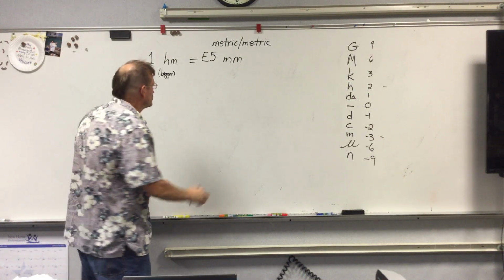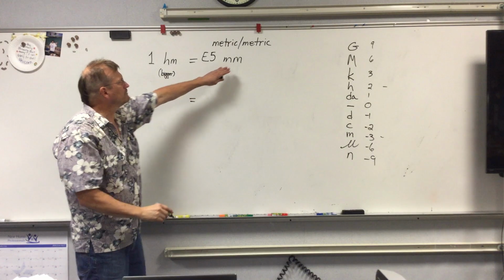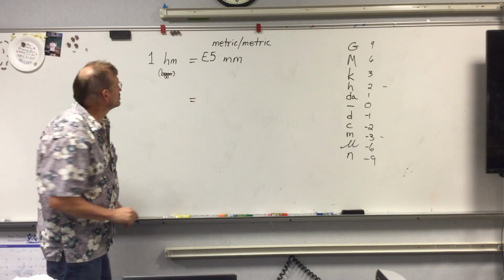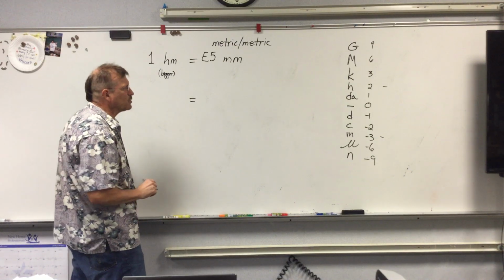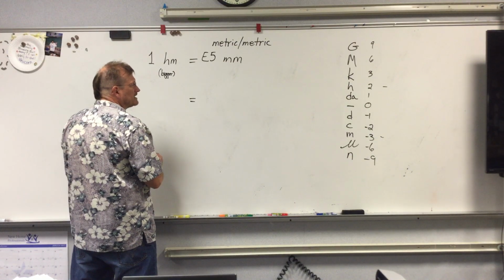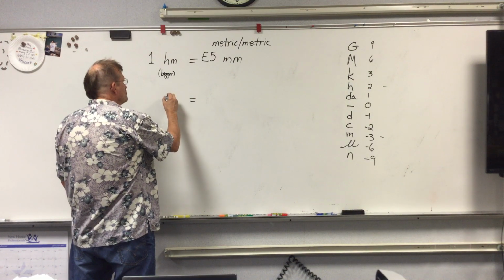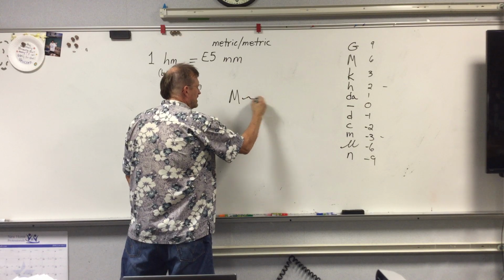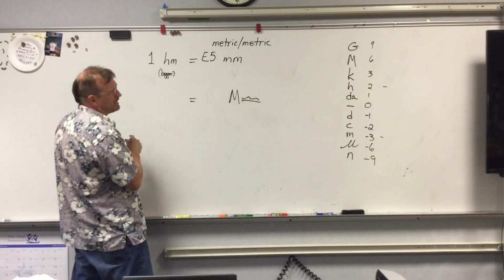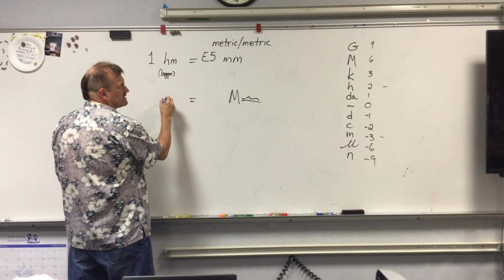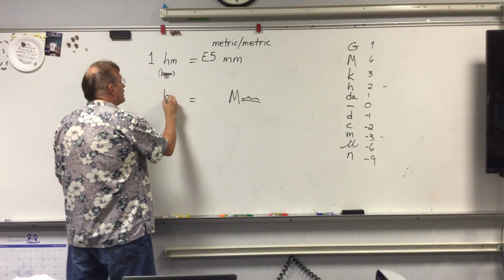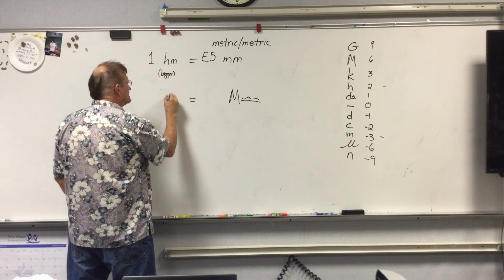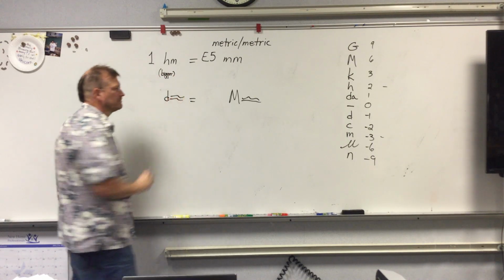Okay? So let's try another one. Now, I am not even going to put base units on here. I'm just going to do prefixes. So let's say that I have to equate a mega something with a, I already used hecto, let's do a deci something.